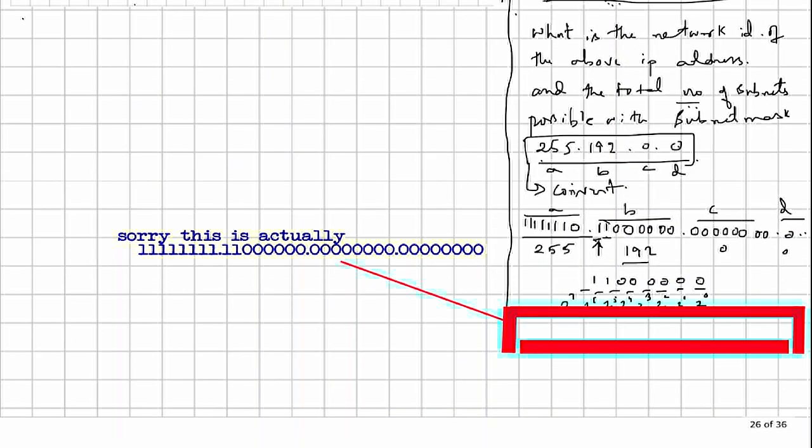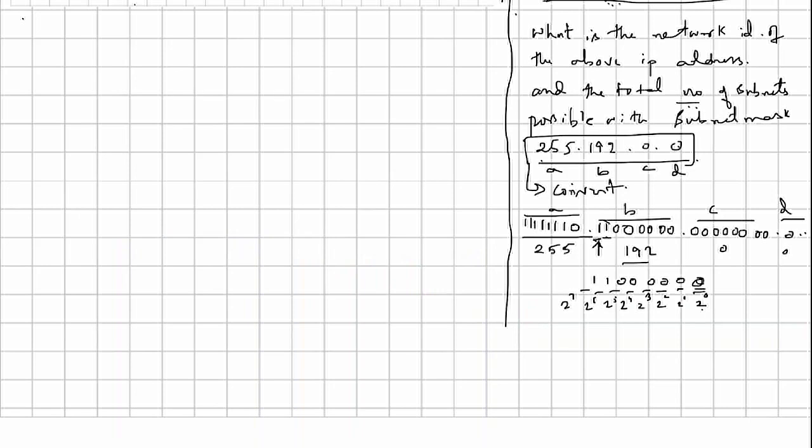So this is 0 at this portion. So 2 power 0 into 0 is equal to 0. Similarly, 2 power 1, that is 2 into 0 is 0. 2 power 2, 4 into 0 is 0. 2 power 3, 8 into 0, 0. 2 power 4, 16 into 0, 0. 2 power 5, 32 into 0, 0. 2 power 6 into 1, this is 64 into 1, that is equal to 64. 2 power 7, that is 128 into 1 is equal to 128.